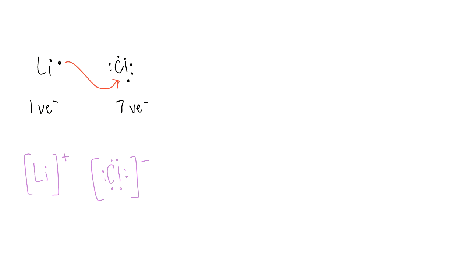If we look at another example, let's say calcium and chlorine instead. So if we have calcium, we know that it has 2 valence electrons. Chlorine, we said, has 7. This is how we have it drawn in the other side. So one of those electrons from calcium can go over to chlorine, but then we still have that other electron.